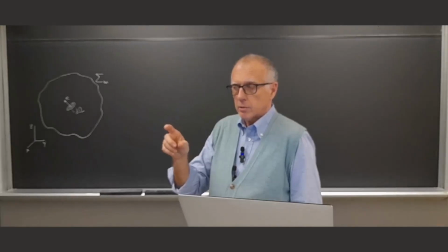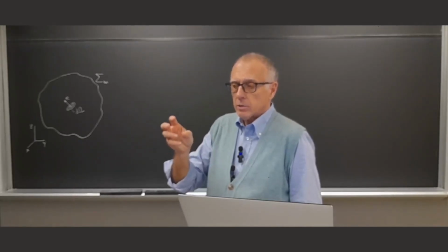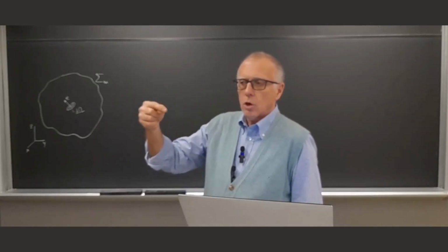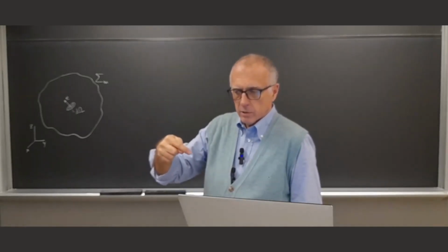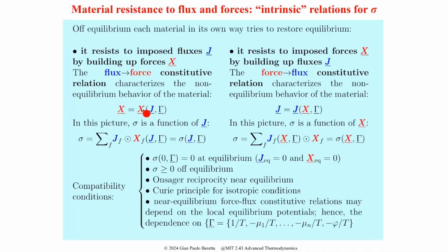Remember the Le Chatelier-Brown theorem? A degree of disequilibrium that will enhance its tendency to contrast that flux and return to equilibrium. So your model for the material will be a relation that gives you the force as a function of the flux. And the gammas are the other properties, like equilibrium properties, if you are near equilibrium, like temperatures, chemical potentials, electrostatic field.